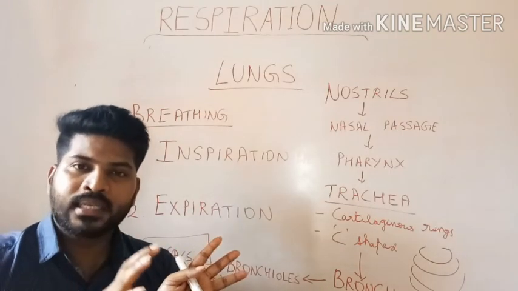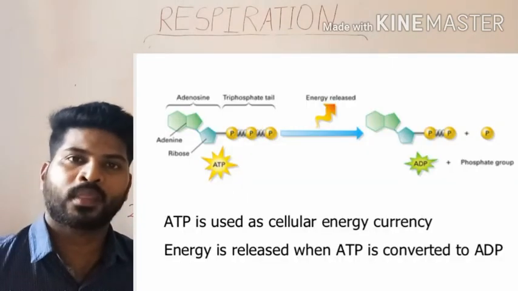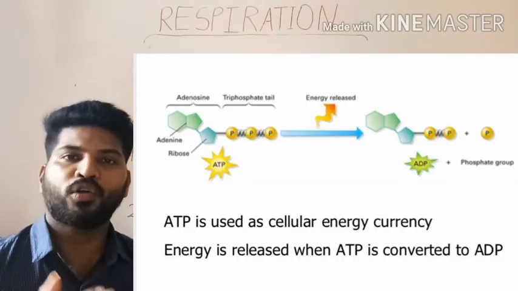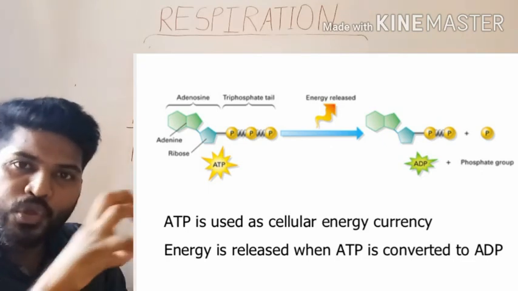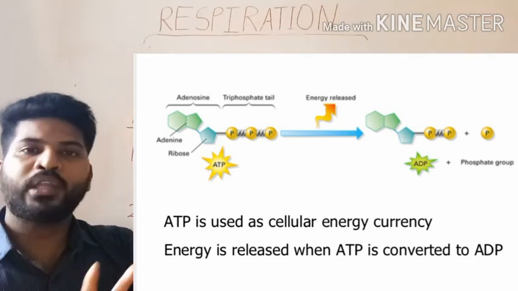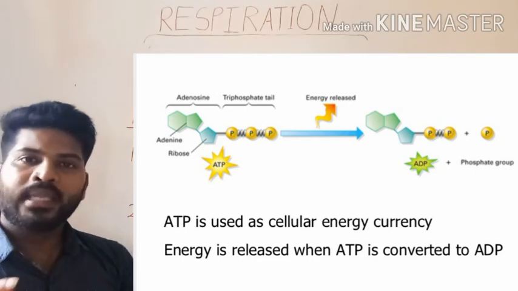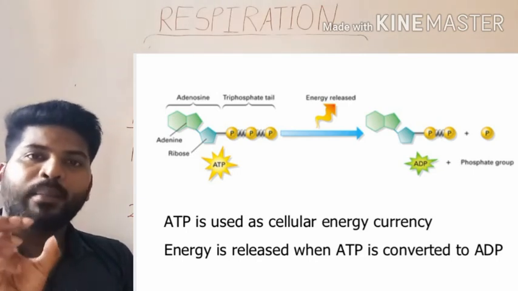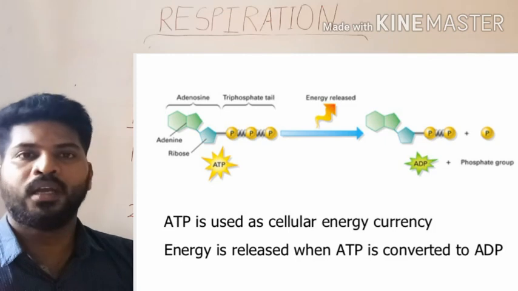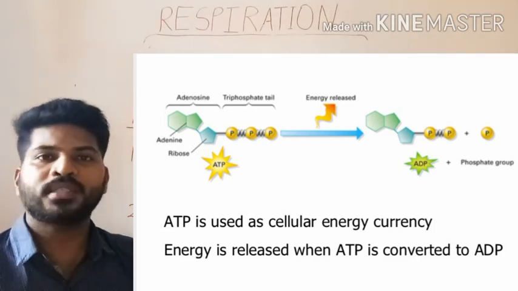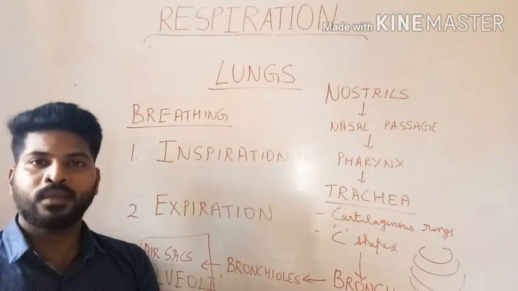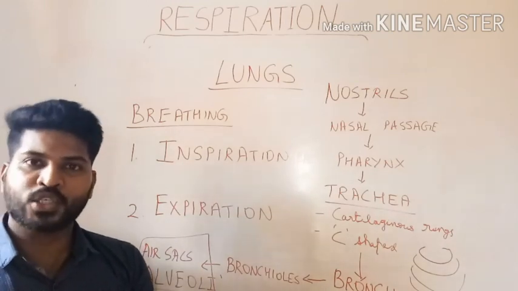Similarly, when energy is produced in the process of breakdown of glucose, that is in aerobic respiration, this energy is used to produce a molecule called ATP. Each ATP molecule has a certain amount of energy. Whenever energy is required, this ATP is used up to produce energy. That is the process of respiration.